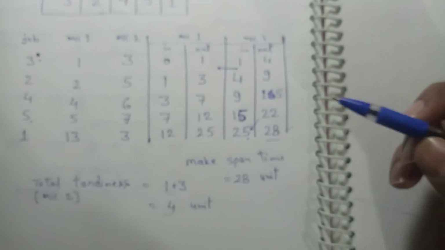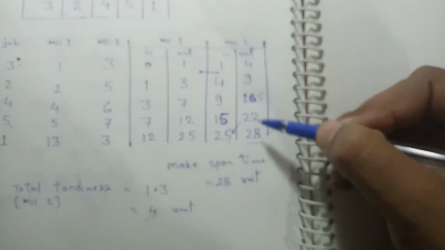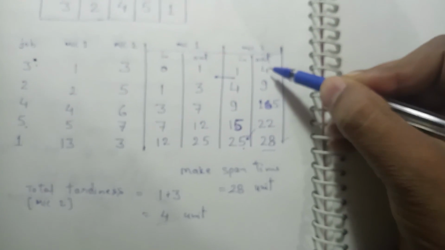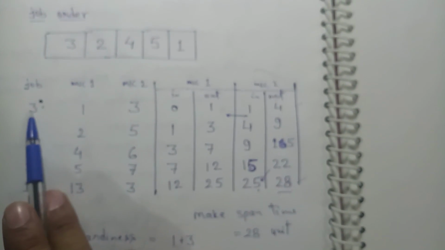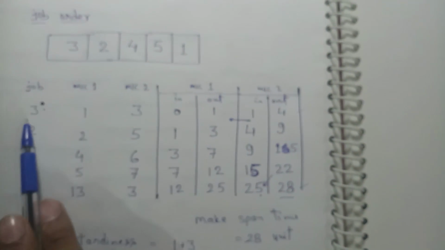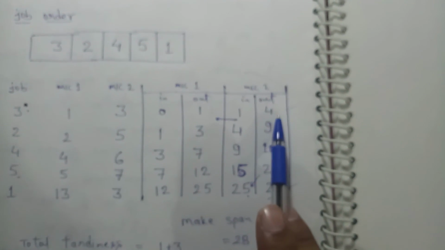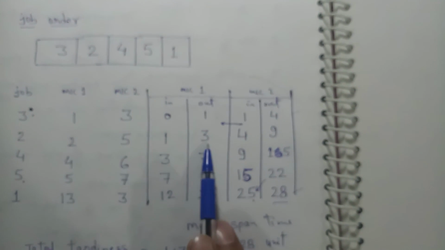Average flow time, we can simply add the total time, output of, for example, machine 2, this is your average flow time. But for each job we have total time. Suppose for job 3 we have output time for machine 2 is 4. Similarly for job 2 we have output time 3 in machine 1, and output time 9 in machine 2.